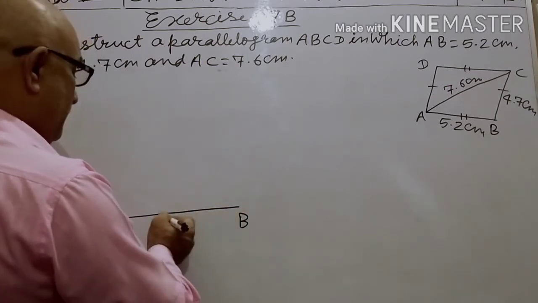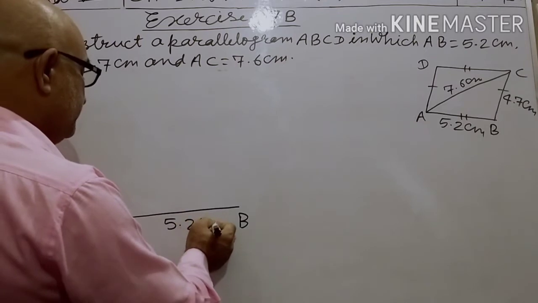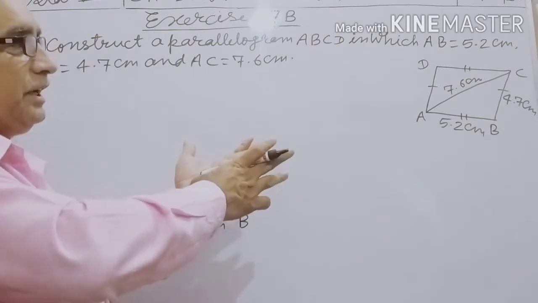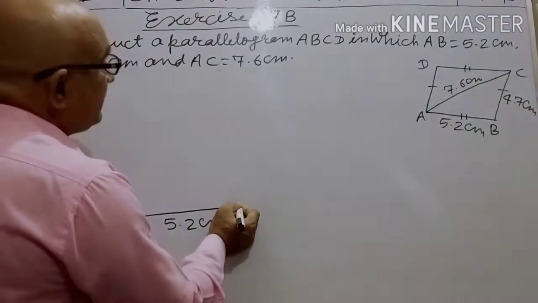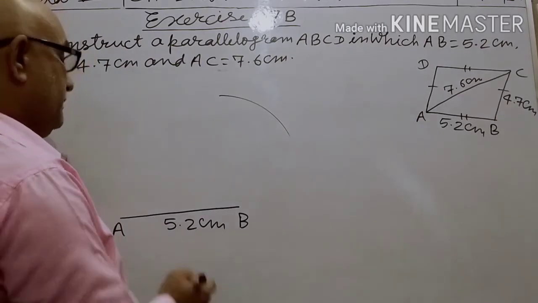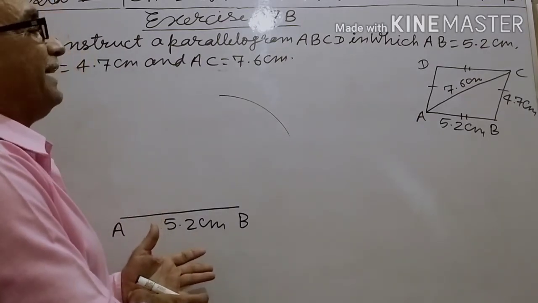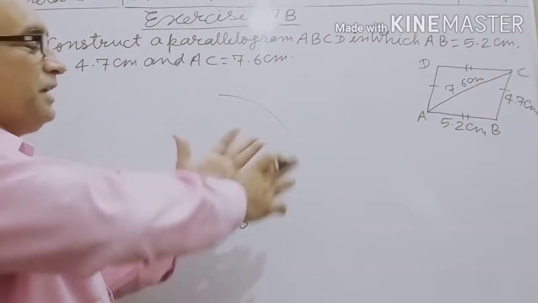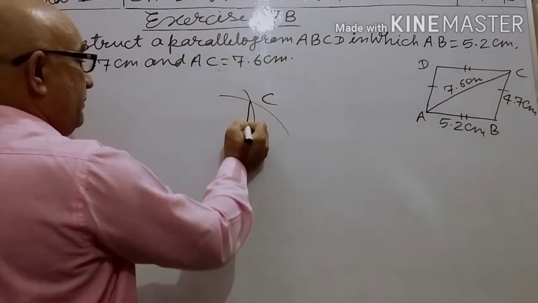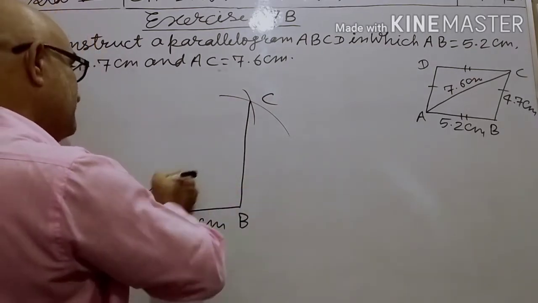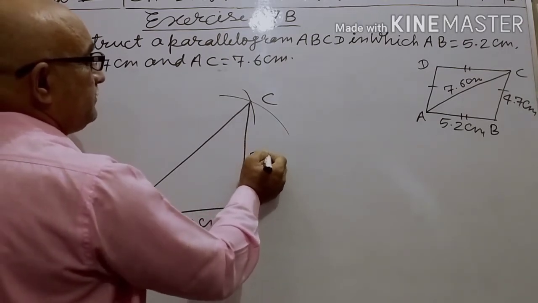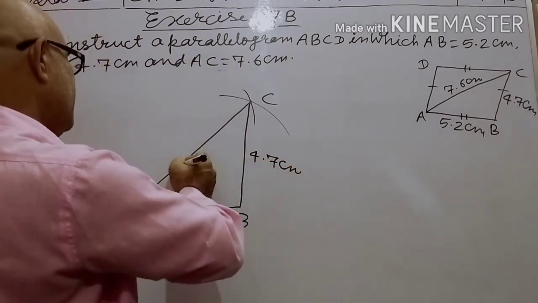After that, take an arc of 4.7 cm and cut from point B. Again, also take an arc of 7.6 cm from A and cut it at point C. So meet points B and C, and A and C. BC is 4.7 cm and AC is 7.6 cm.